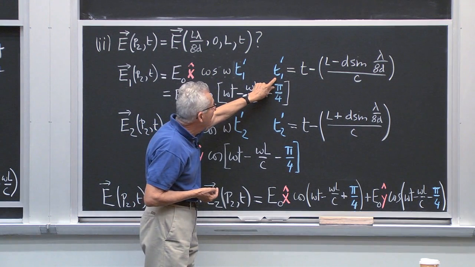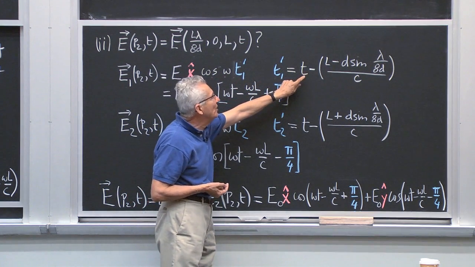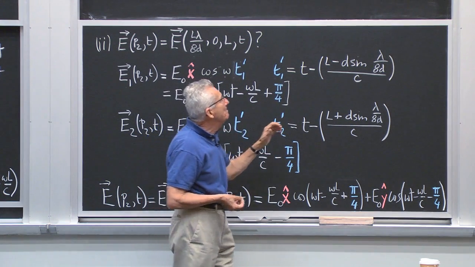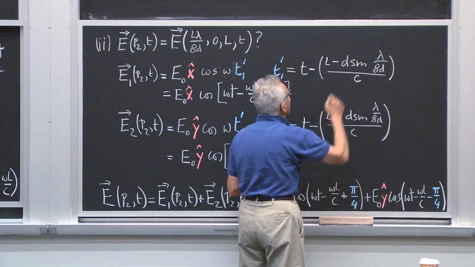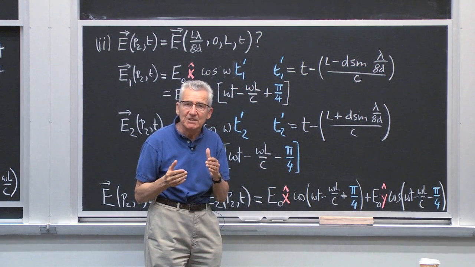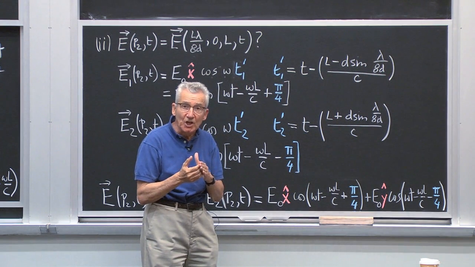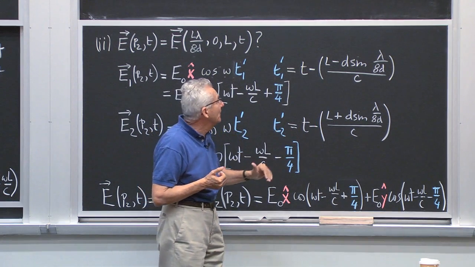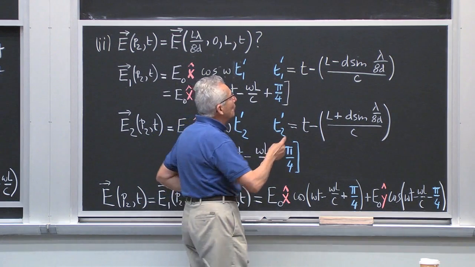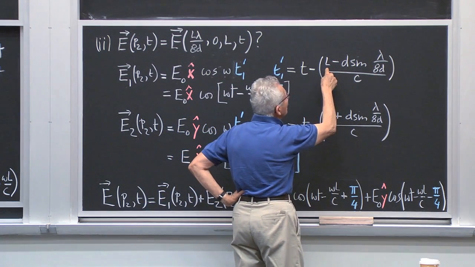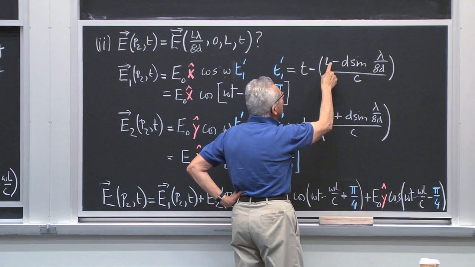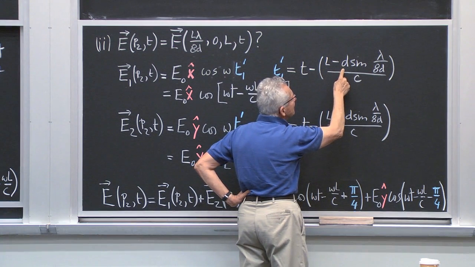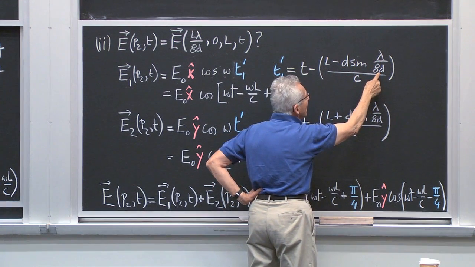And T1 prime is equal to the time when I'm looking at the electric field minus the time it takes for the signal from the charge to get to the point P2. As I told you a second ago, I'll take L as the reference, and I'm subtracting from it that distance, d sine lambda over 8d.